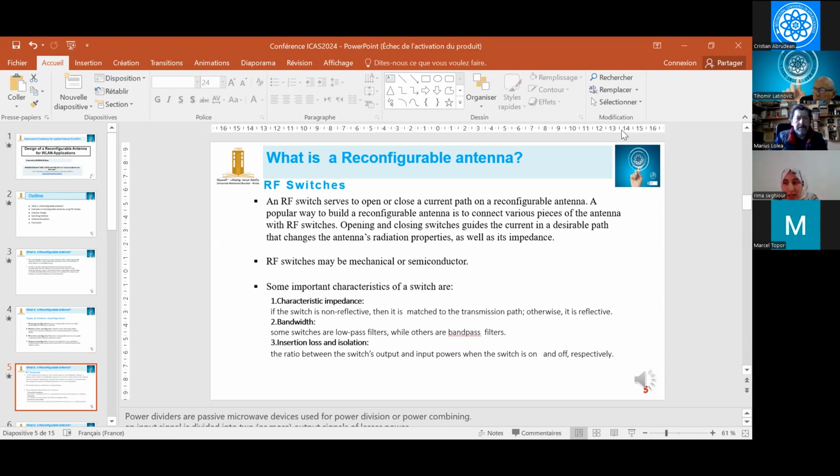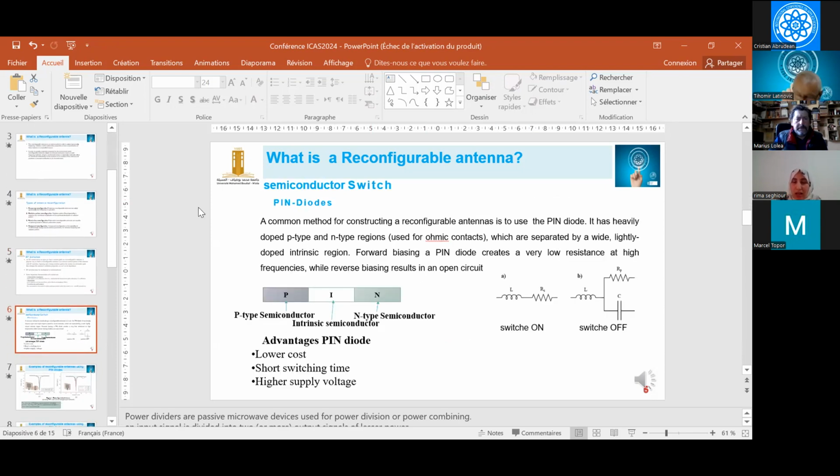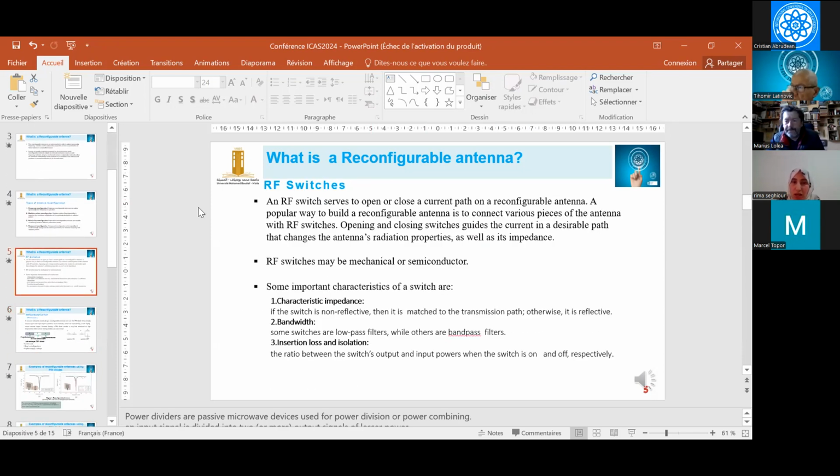The current is directed in the way it alters the antenna radiation property and impedance. The RF switches may be mechanical or semiconductor.